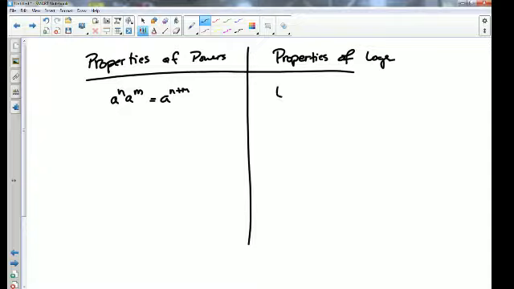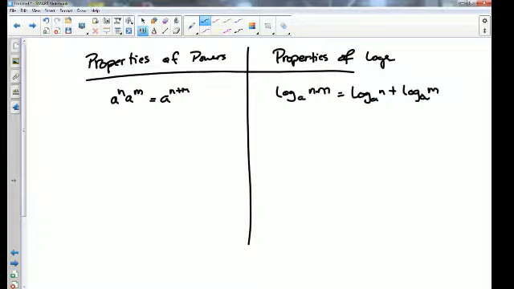Log A... Very similar, right? They're multiplied, so what are you going to do? Split and add. They're multiplied here, n times m. That means you can split and add.